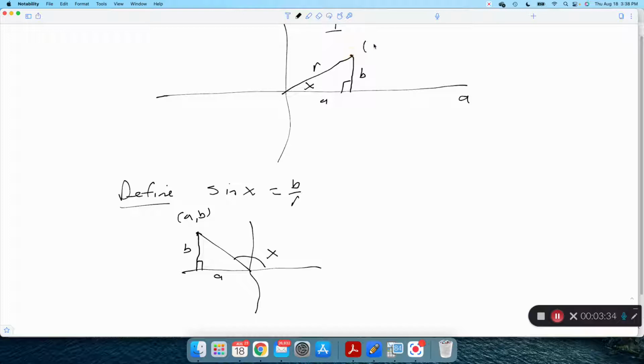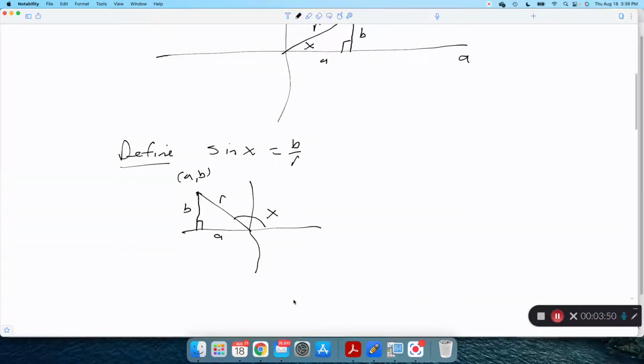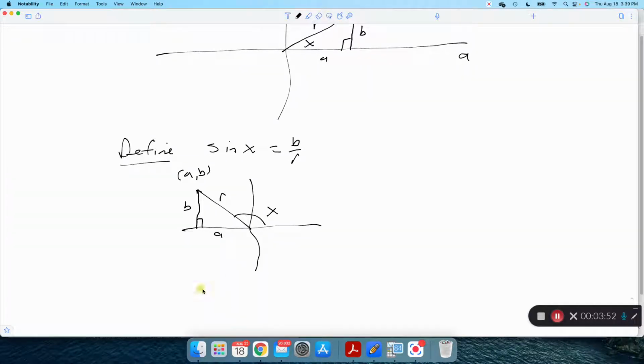This was the point A comma B right there. And again, we'll call the length of the hypotenuse R. So we're looking at this right triangle that doesn't even contain x. And we're going to say, by definition, still, sine of x will be the length of B over R.